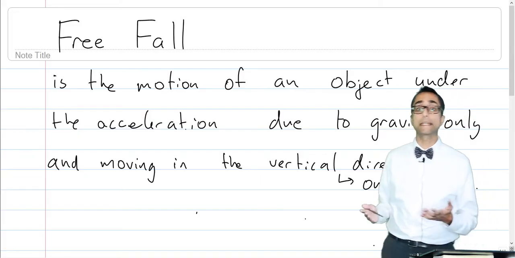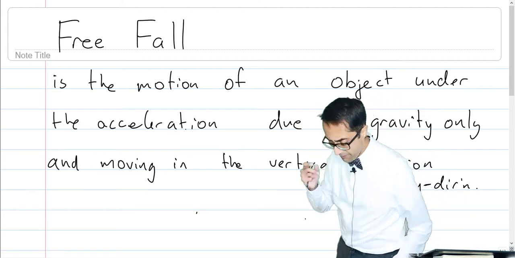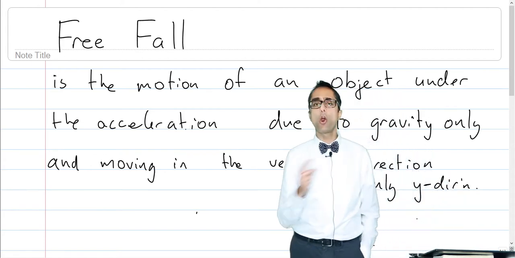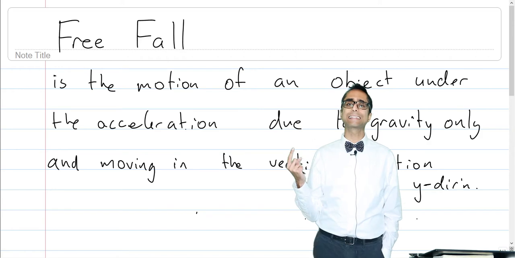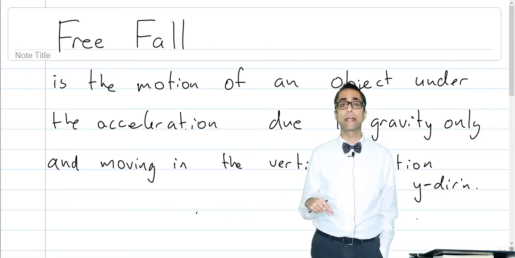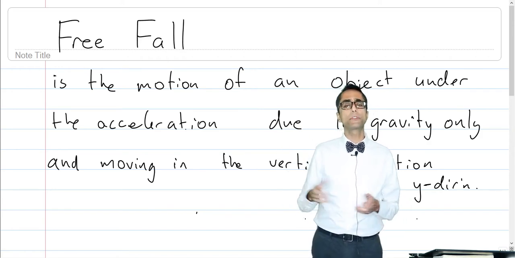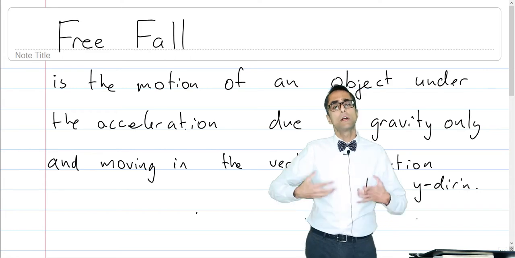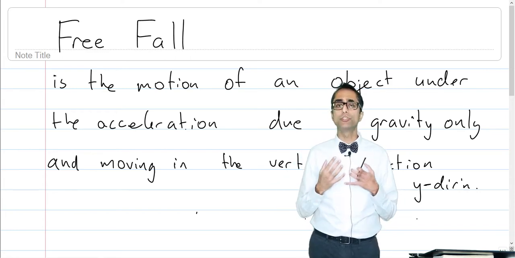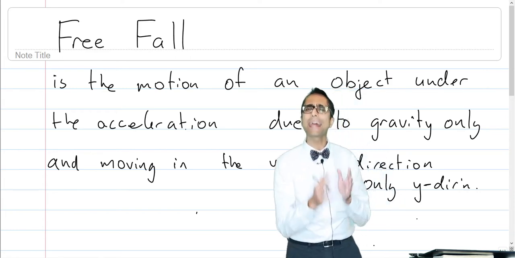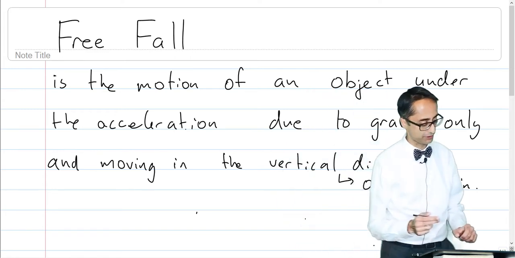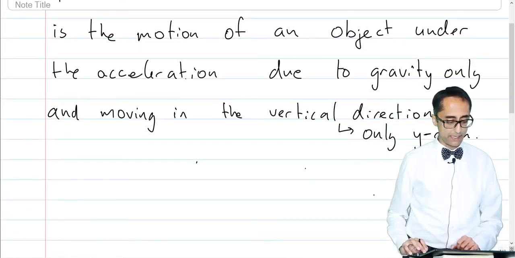Okay, so that was very exciting, I think, and what we have shown is that in all of those cases, the acceleration is in the downwards direction. Doesn't matter if you drop something, throw something up, throw something down, gravity is accelerating that object downwards. And so how fast is that acceleration? It's given by a constant.